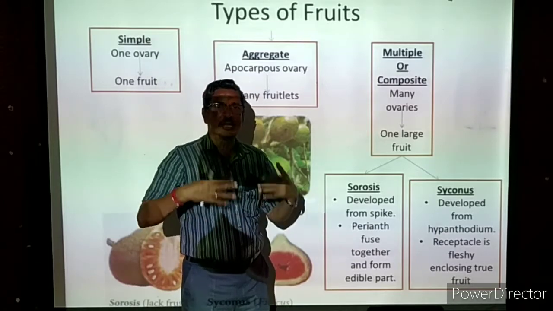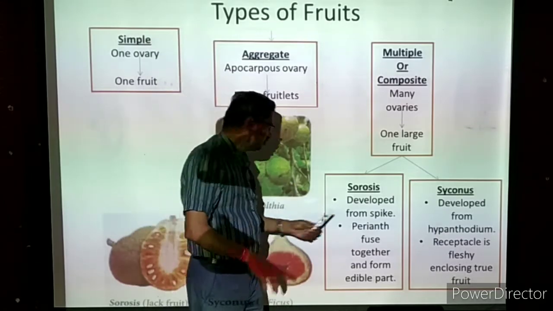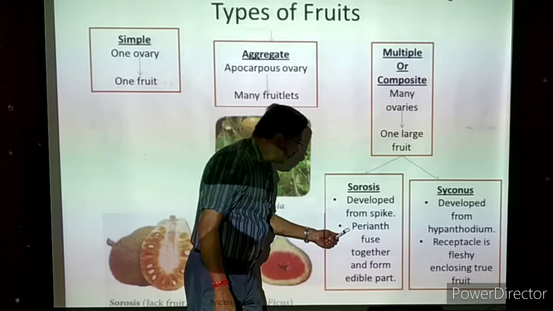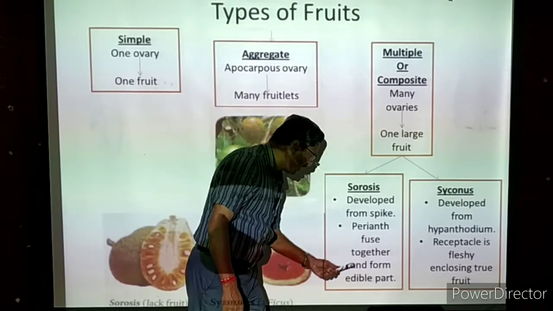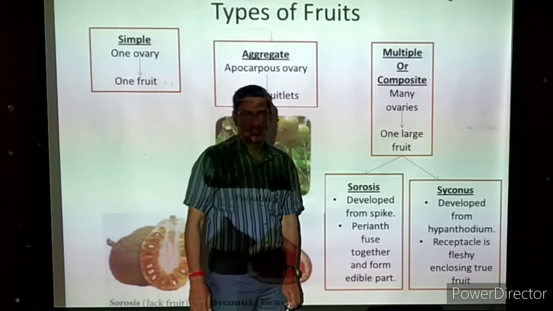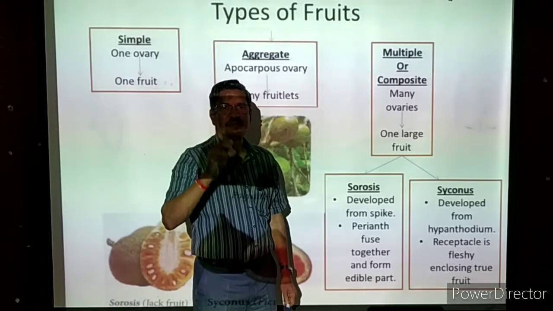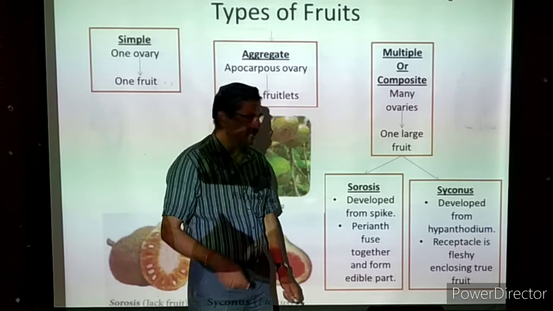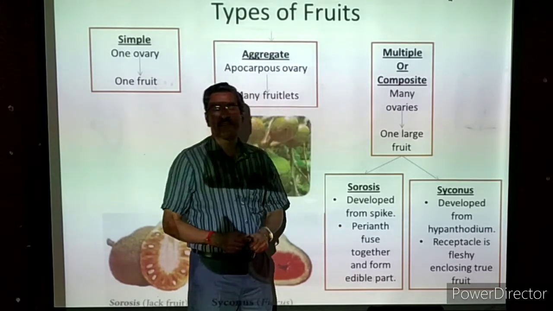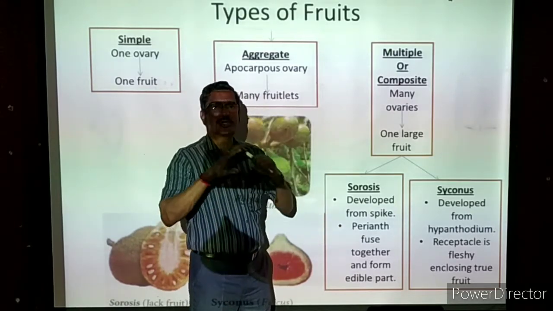All the sepals and petals look exactly alike. That is called a perianth. The perianth fuse together and form the edible part. For example, in the jackfruit, the sweetish and tasty fleshy part that we eat is the fusion of perianth.